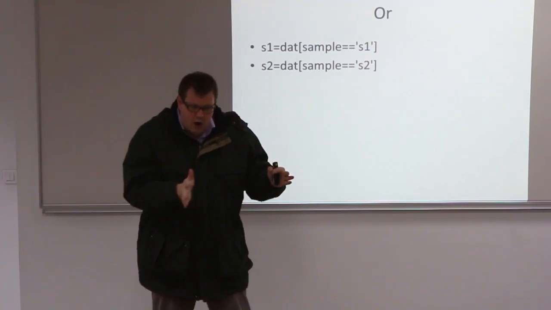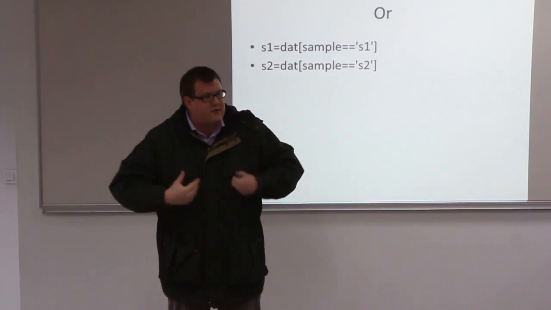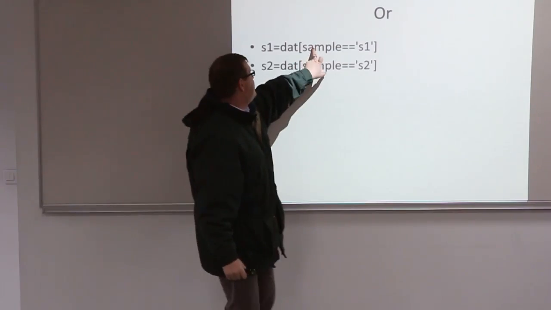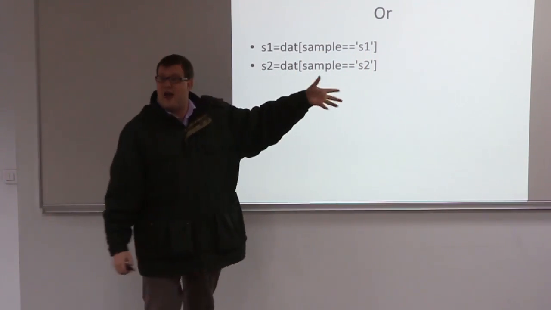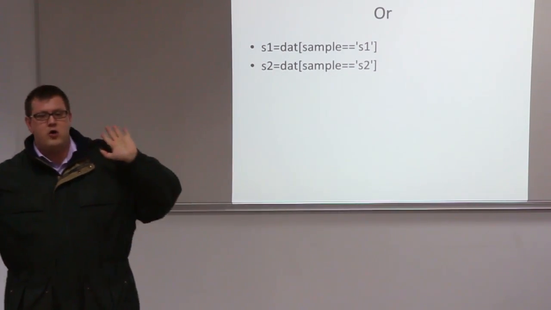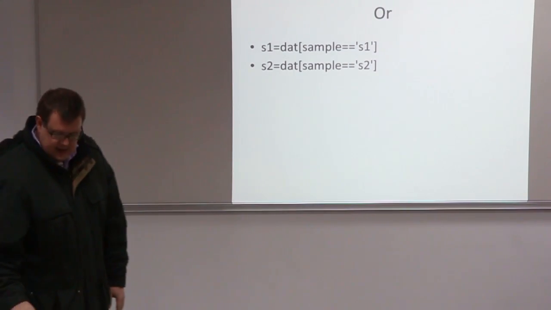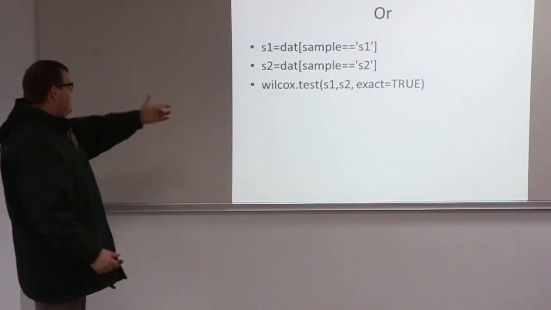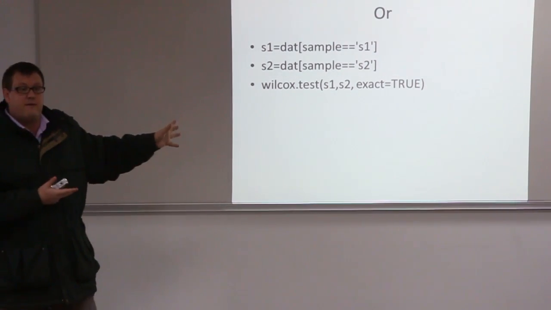So that goes through all of the data and only takes out the pieces of data that are associated with sample equaling S1. And then we do the same thing for S2. Right? So now instead of just saying we're going to analyze DAT as a function of sample, we can say something like this, that is much more similar to what you guys have seen previously, right?